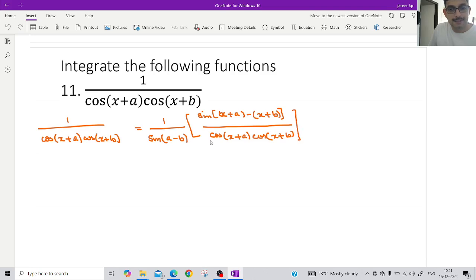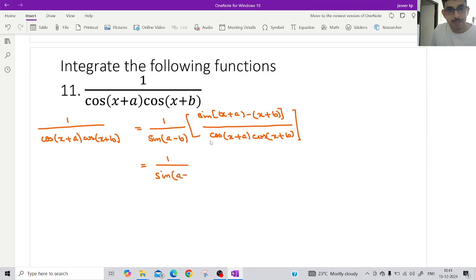The reason we are writing this as sin of (x plus a) minus (x plus b) is that once we use the sin(a minus b) formula, it will come in terms of x plus a and x plus b. So let us see how it is coming.